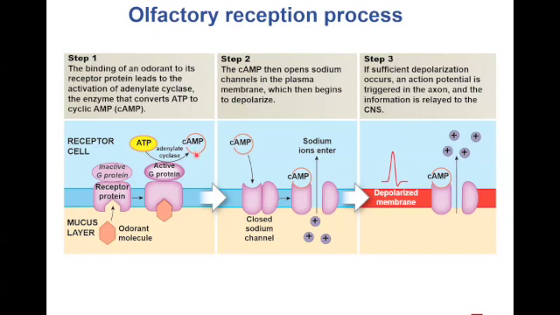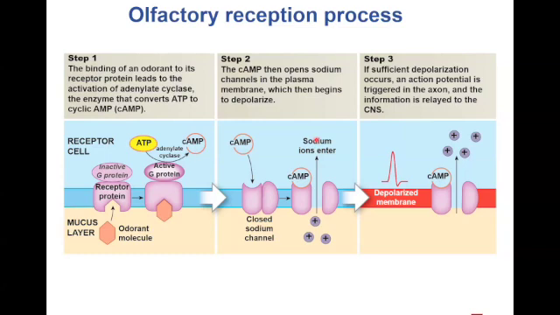Now cyclic AMP will then bind to another channel. If you recall, we talked about sodium channels that we also find on the plasma membrane. So when cyclic AMP binds to a closed sodium channel on the surface of these olfactory cells, it's going to cause the channel to open, and therefore sodium enters the cell.